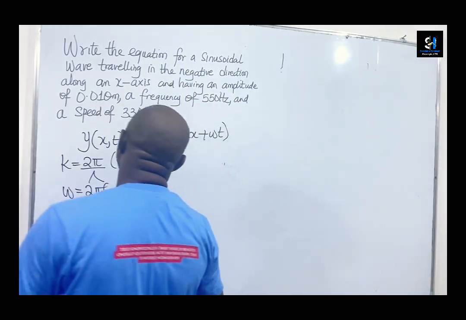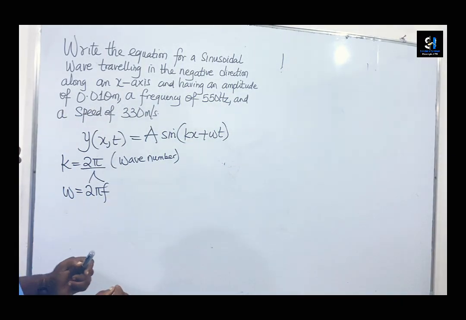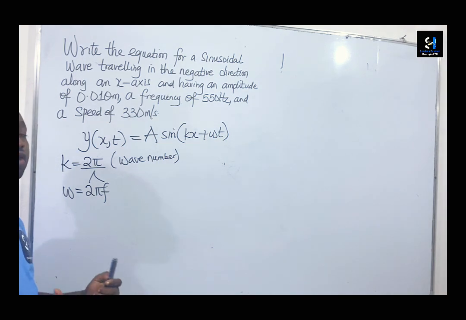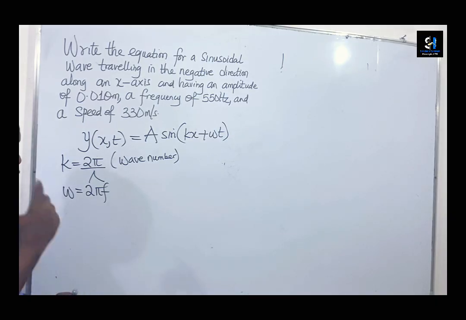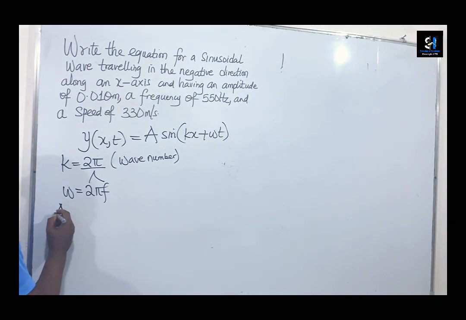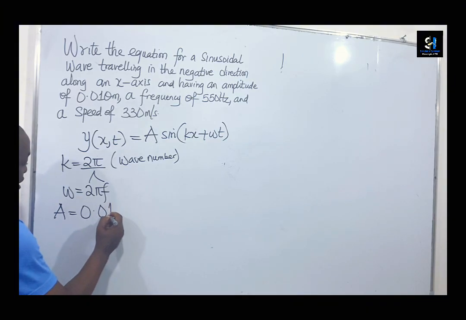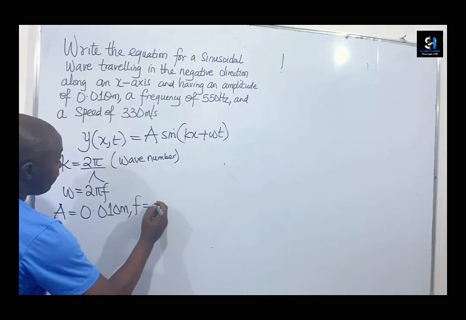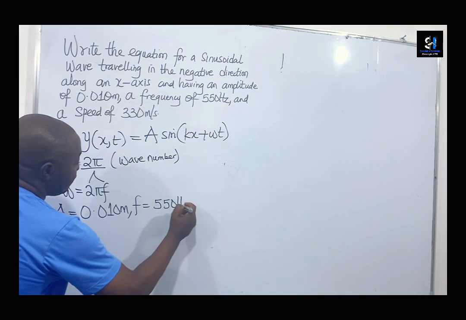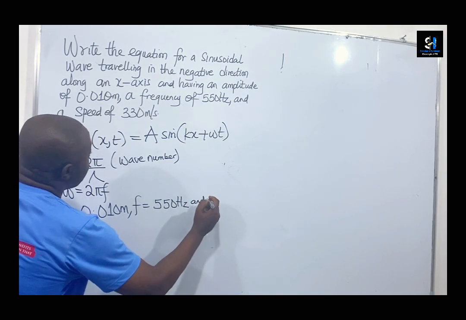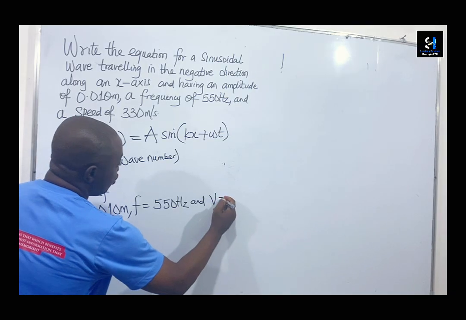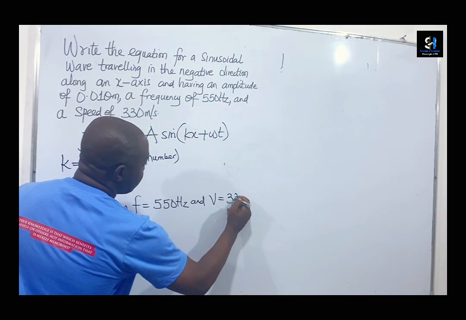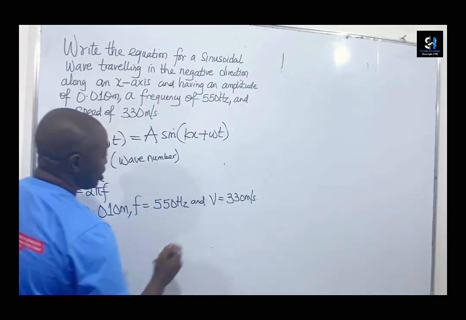So our goal is to write the equation for a sinusoidal wave traveling in the negative direction along an x-axis. We are given the amplitude to be 0.010 meters, the frequency to be 550 hertz, and the speed of the wave to be 330 meters per second.